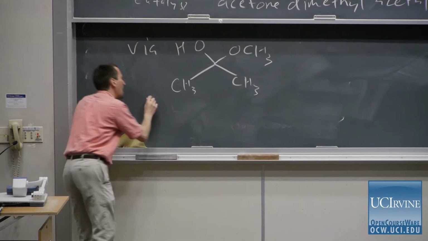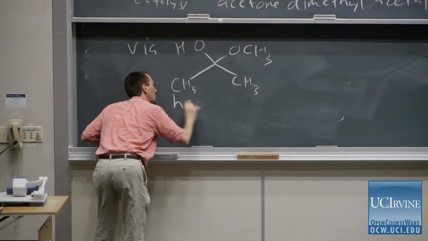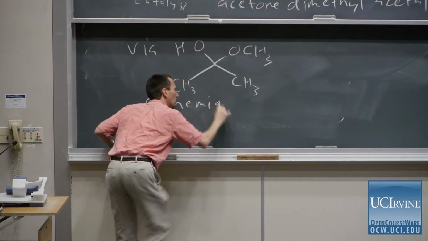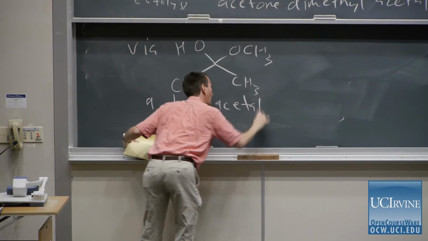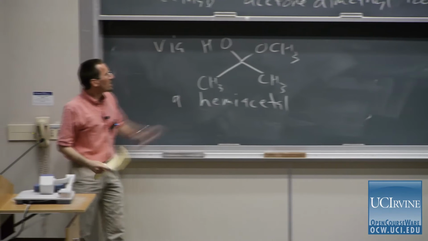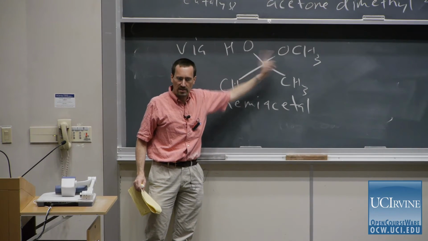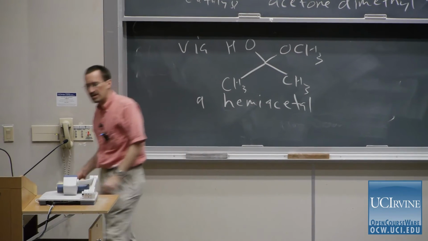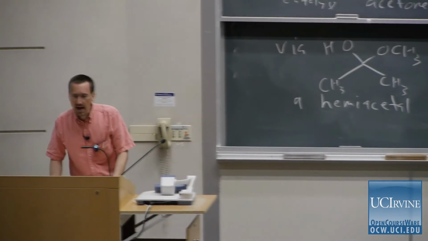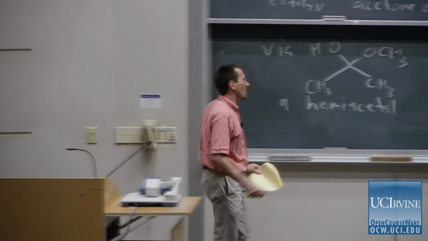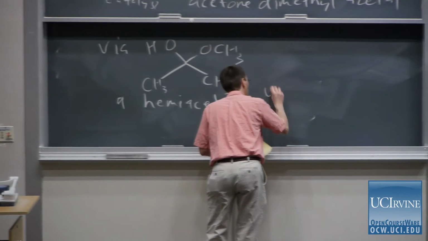Hemi means half, and so a hemiacetal means a half acetal. In other words, it's something where you have one group that's an alkoxy group and one group that's a hydroxy group. A hemiacetal in general is unstable.